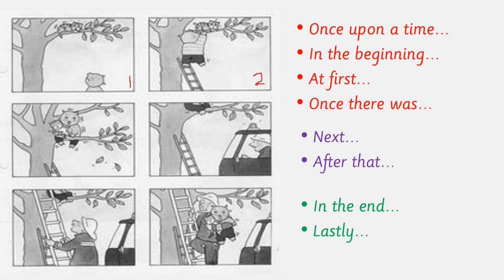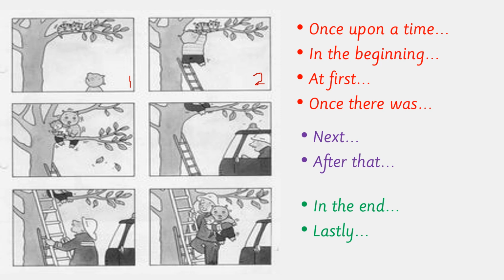So those are good ways to start a story. You don't have to use those. I'm just offering you some tips. Okay, so you are going to create your first 3 or 4 sentences. Remember, straight next to each other, not on new lines. Write your sentence, start the next one, carry on. 3 or 4 sentences about the beginning of the story, what you can see in the pictures.